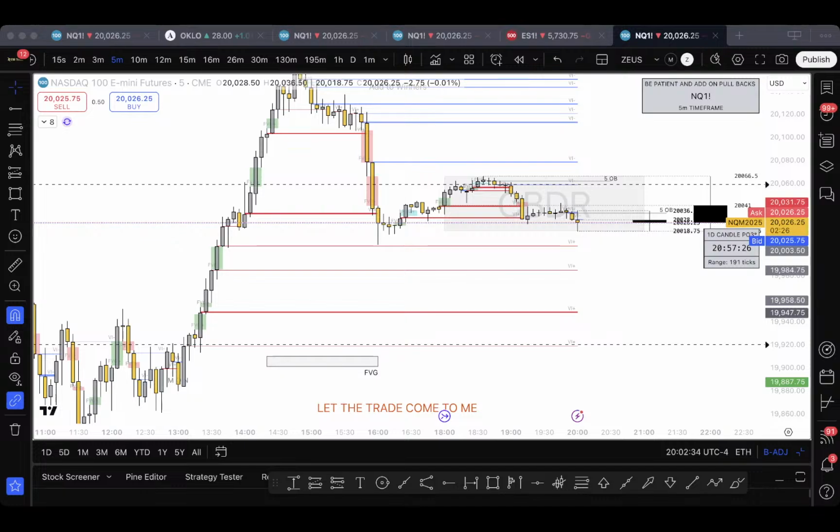Got monthly relative equal lows down here, pretty much at 109. That's the monthly order block here, pretty much April's candle.